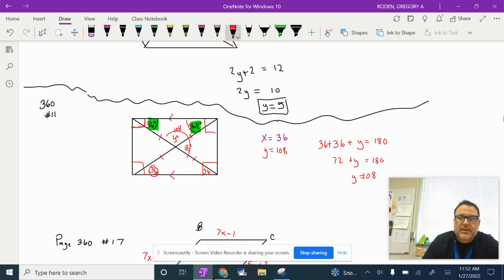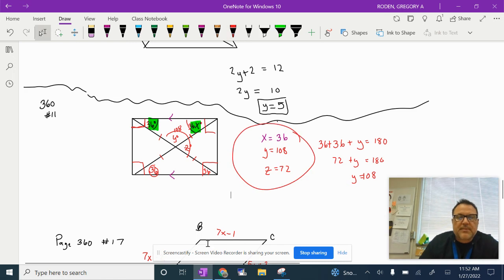So z is 72. The reason I got that is because y and z are supplementary. They form a straight line. They're what we call a linear pair. So if y is 108 and there's 180 degrees in a straight line, 180 minus 108 is 72. And we're done. All right, next problem.